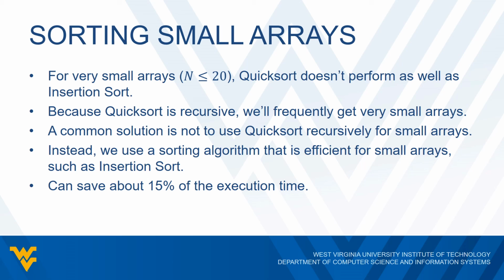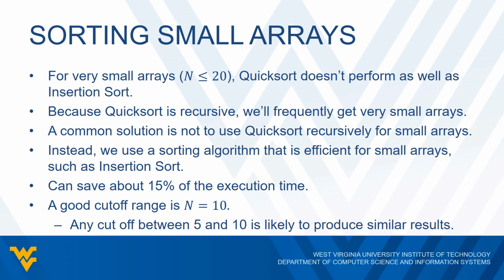So a good cutoff is, we'll say n is 10. We could have the cutoff be anywhere between 5 and 20, and we would get similar results, but for our purposes, we're just going to say that when n is 10 or less, we'll use insertion sort instead of quicksort.